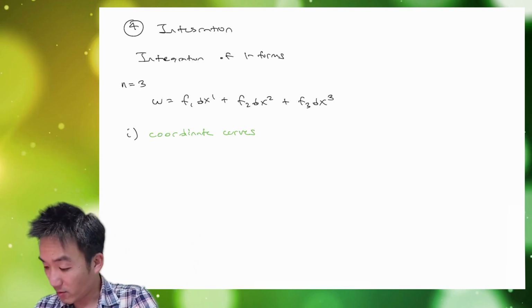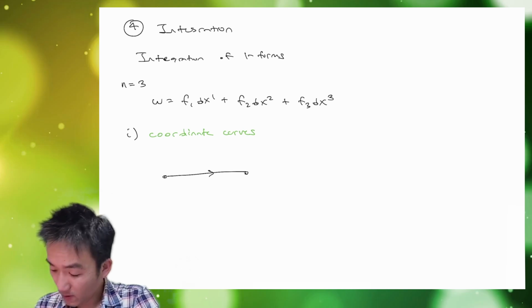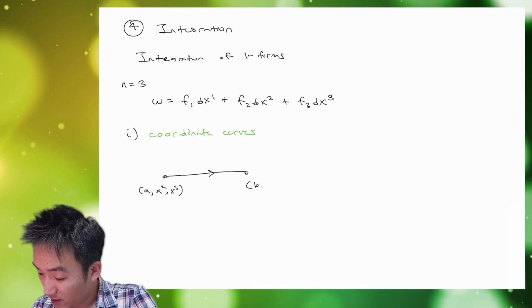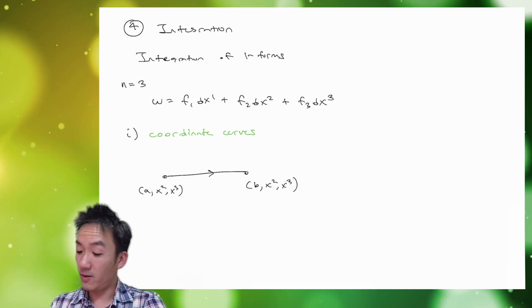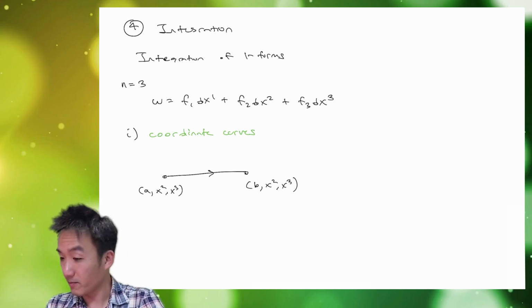So for example, suppose this were my curve, and it starts at, say, A, and it has its x2 and x3 components fixed, and it goes to B, again with constant x2, x3. So this curve moves parallel to the x1 direction, or moves along the x1 direction.